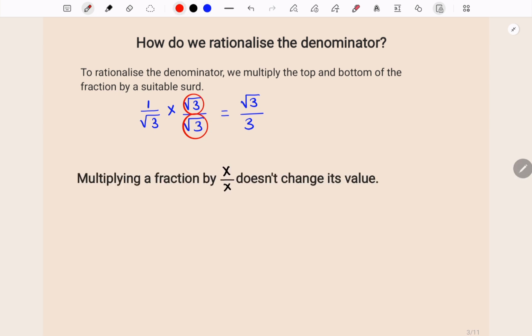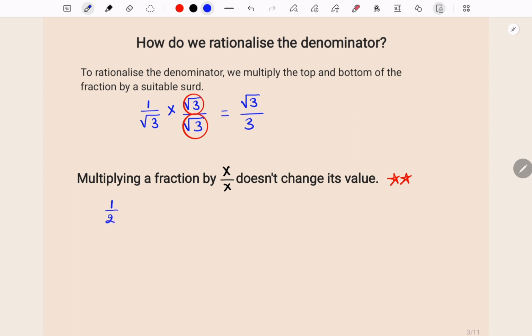Now let's understand a very important mathematical concept, that is multiplying a fraction by x over x does not change its value. Let's say we have a fraction 1 over 2, okay?